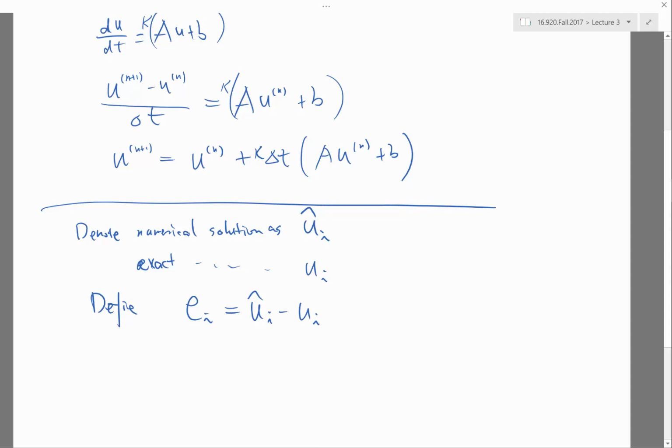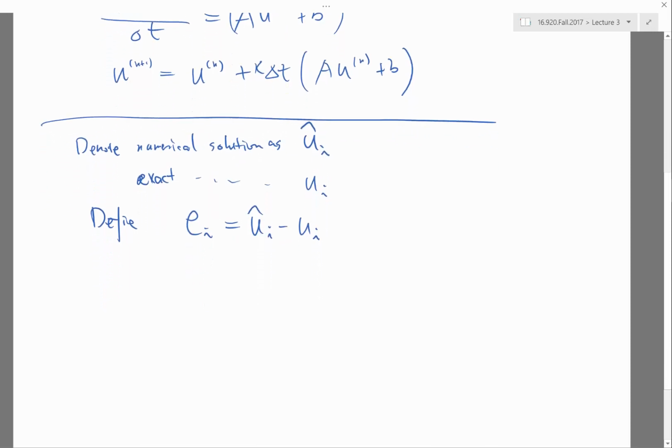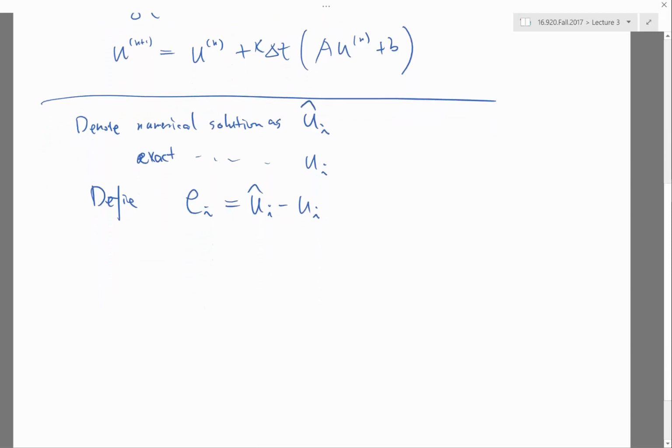All right. So the question is, what is de i dt? How does the error grow? So imagine our initial condition is actually exact, right? Our boundary condition is exact. Our initial condition is exact. So e i would be 0 at t equal to 0. There is no error in the beginning.